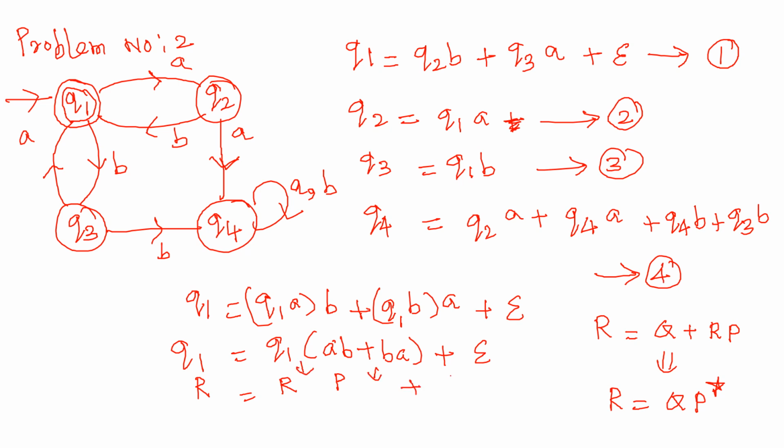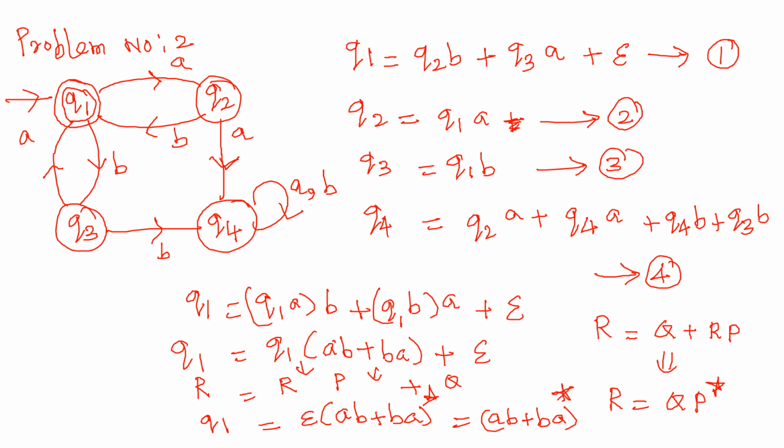This is Q. So how will it convert? Q1 is equal to, what is Q here? Epsilon. What is P? P is AB plus BA, so AB plus BA whole star. Epsilon concatenated with anything, you are getting only AB plus BA whole star.